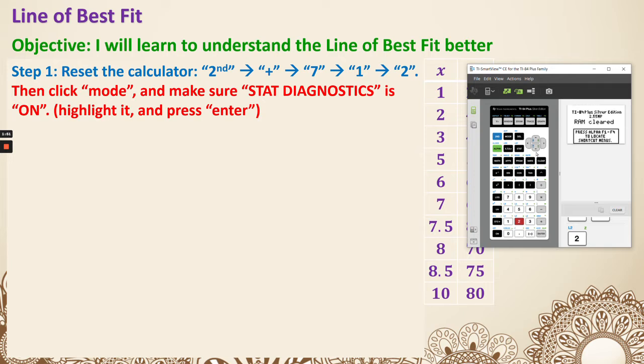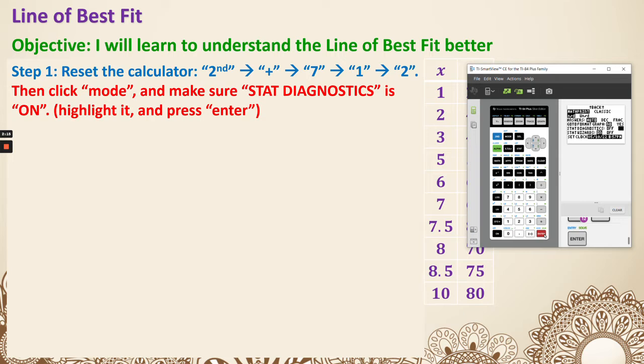Afterwards, you're going to need to click mode. If right now you don't see the words stat diagnostics, you need to use the down arrow and keep moving down. Mode is basically the settings in your calculator. Right here, I see stat diagnostics, and right now it is off. So I need to move it over to on so that on is highlighted.